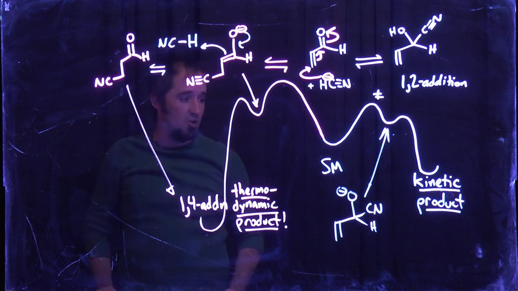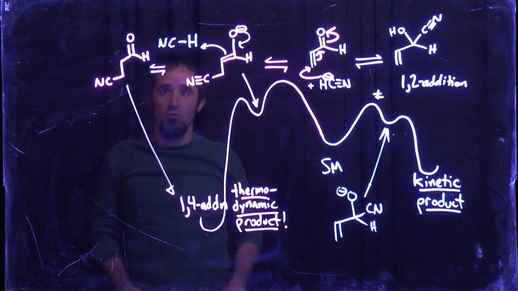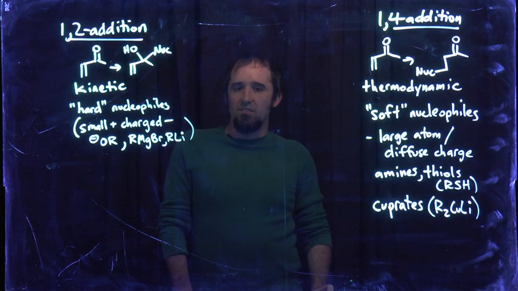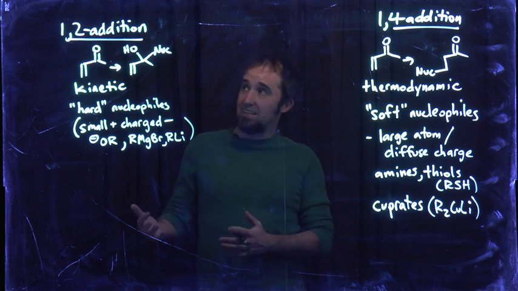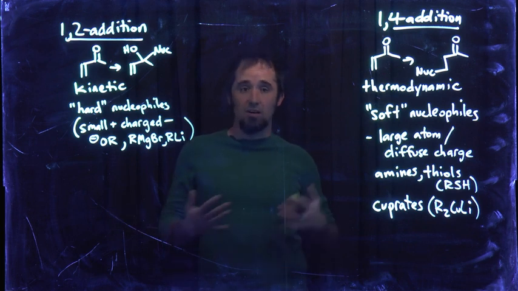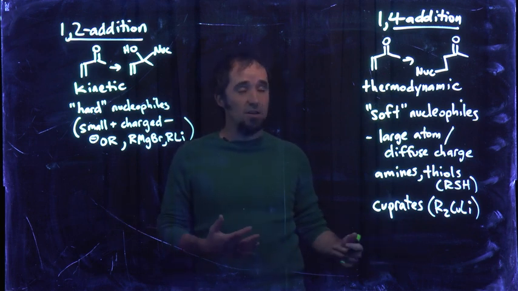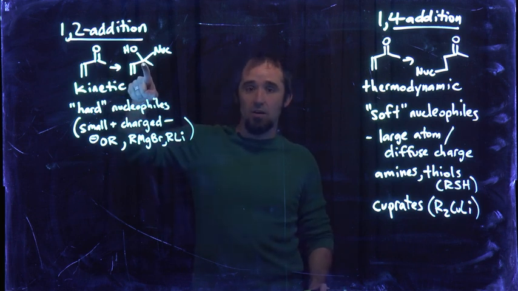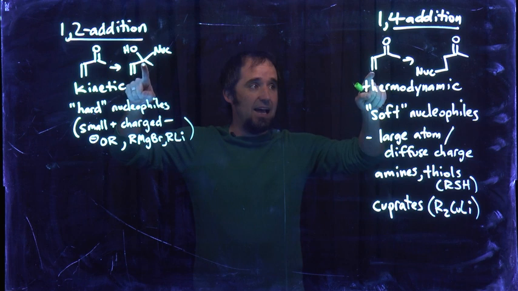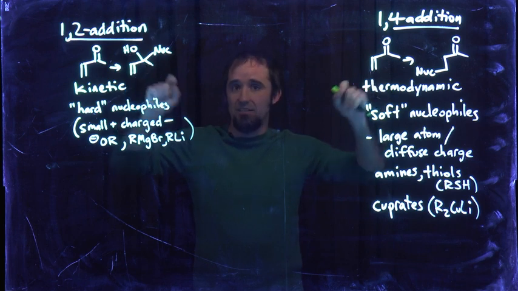Let's talk about some more differences that we might see between 1,2 addition and 1,4 addition. How do we know whether we're going to see more direct addition, 1,2 addition, or more conjugate addition, 1,4 addition? Again, by 1,2 I mean attack at the carbonyl carbon, and by 1,4 I mean attack at this beta conjugated site.